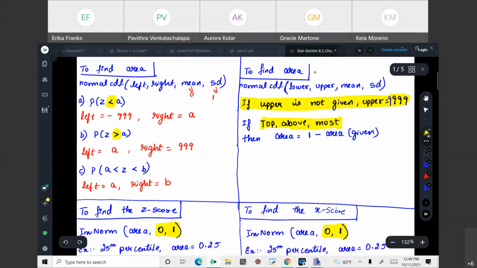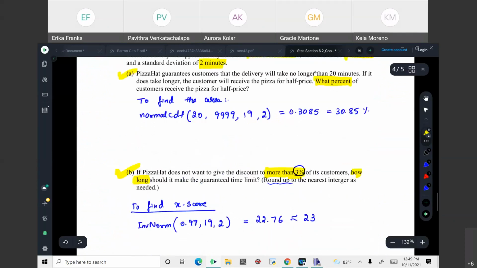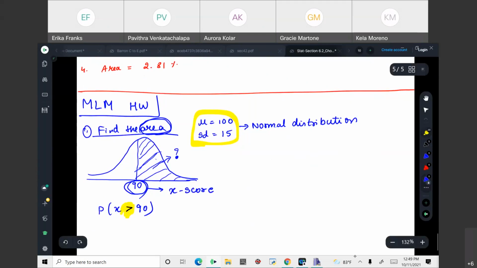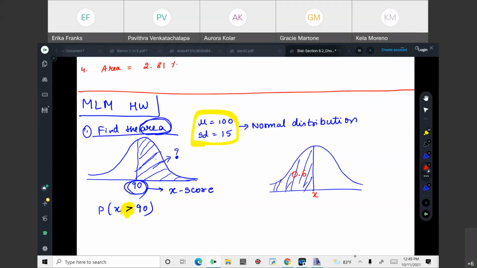And you might have a question like this, where you will have a shaded region. Here they will mention it like this, so that means the area is given, and you have to find the x.